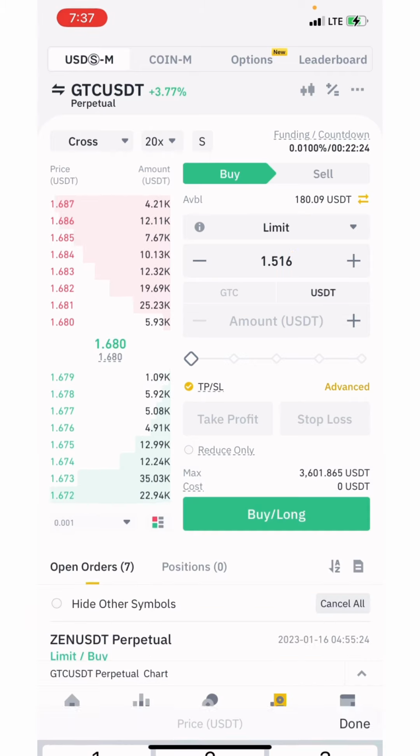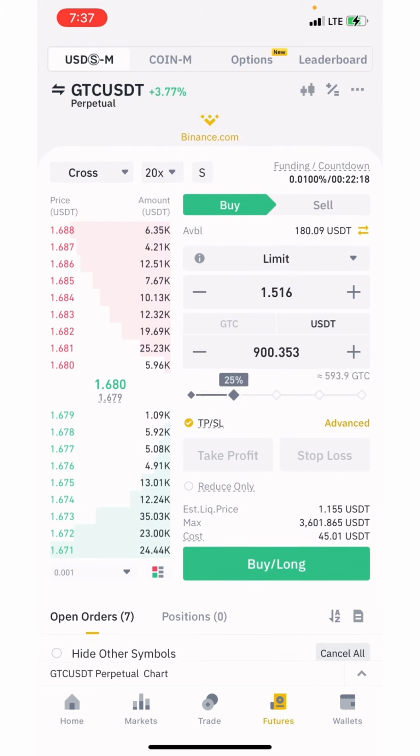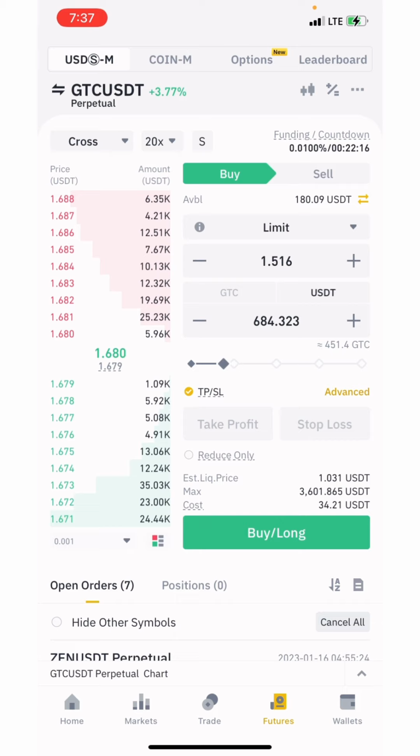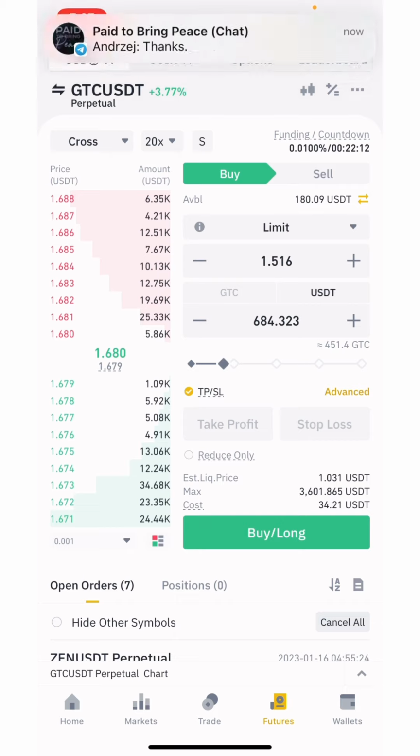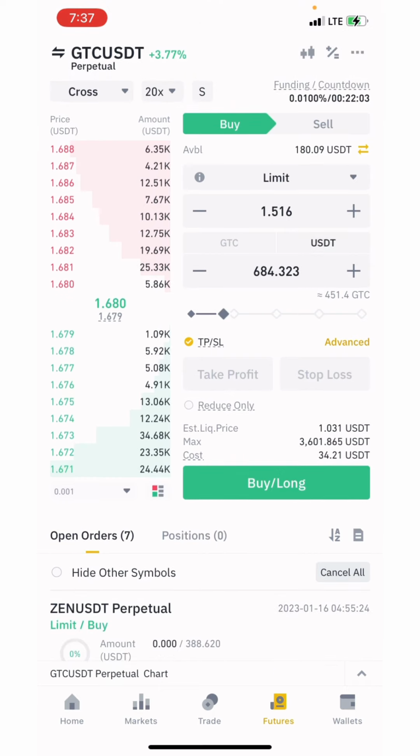Now please, I want you to observe something. As I'm dragging this triangle here, you can see just below the big green line we have buy and we also have long. This buy and long will help you enter the trade.